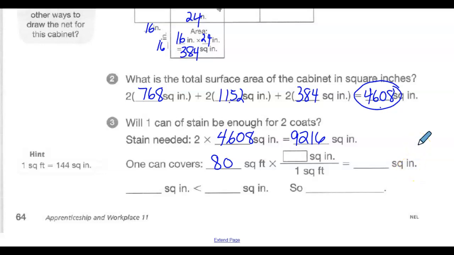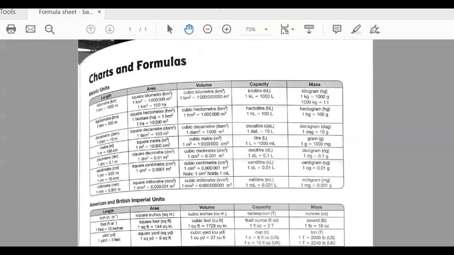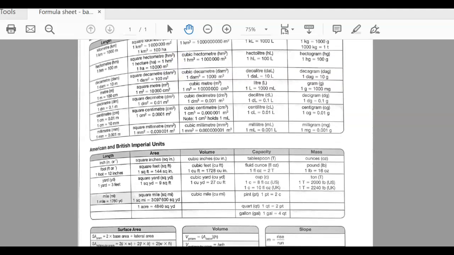Okay, so let's take a look at, in the back of your workbook, so we're doing imperial, it says 1 square foot is 144 square inches. Because it's an area conversion.